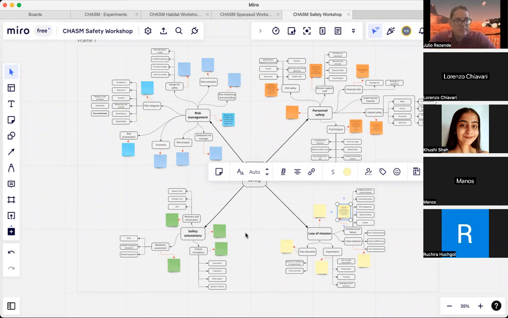So if you have any thoughts on any of these areas, or if you say, oh, we missed an area, please let us know. Anybody, any comment? Yes, Julia.